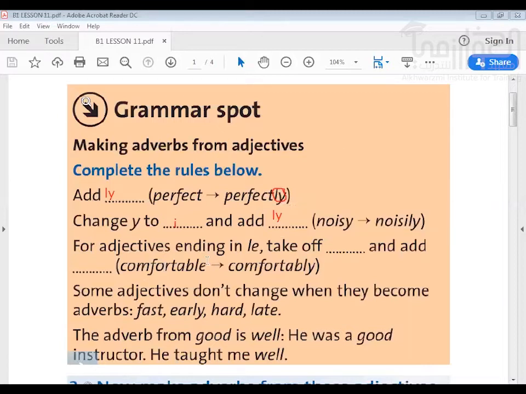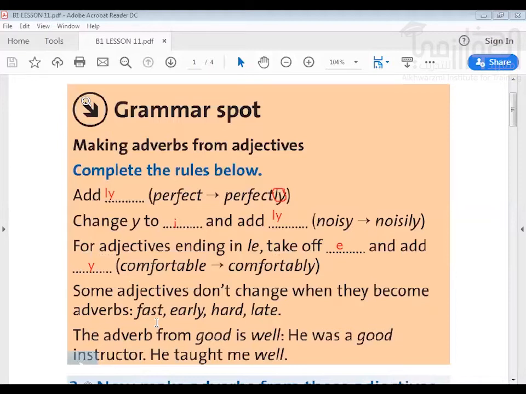And then for adjectives ending in le, take off the e, and then we add y.